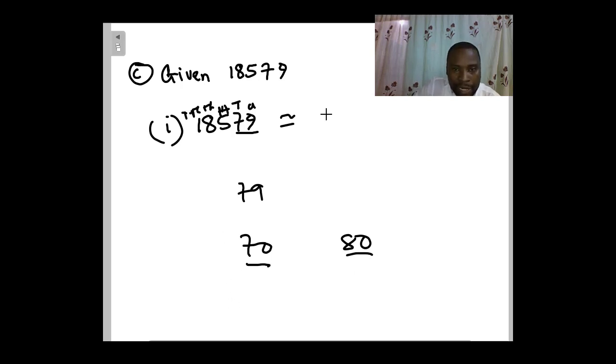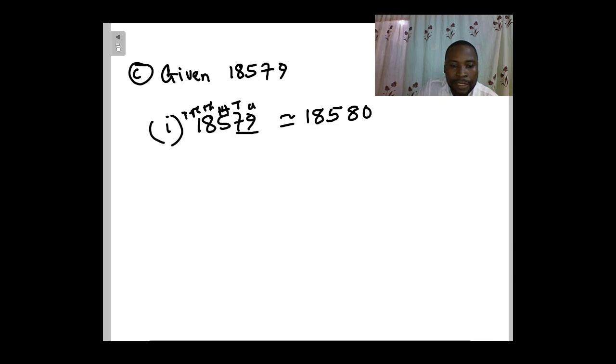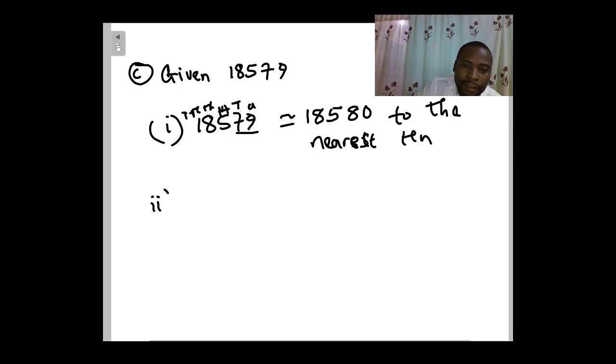So I will write the other digits the way they are, but when I come to 79, I replace it with 80, to the nearest 10.